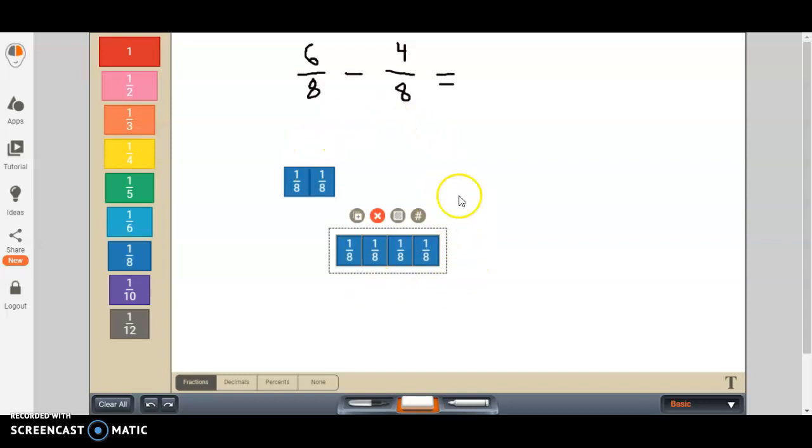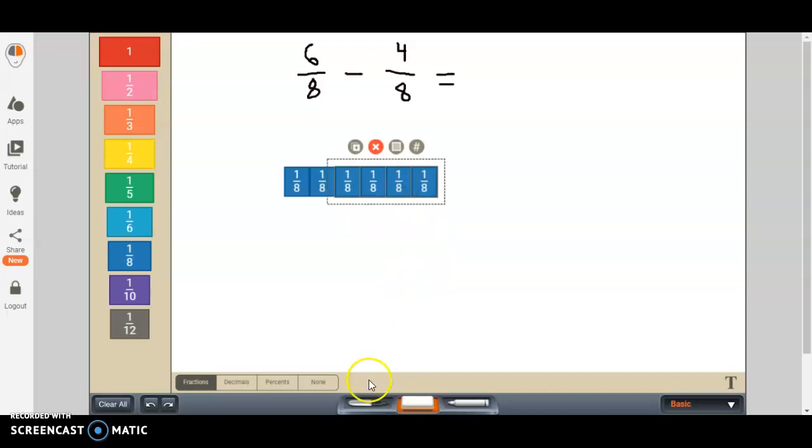Now, with these fraction tiles, it's nice to be able to just move them out of the way, but something that you may see on paper or modeled on tests is when we cross them out. We're crossing these out, we're getting rid of them.